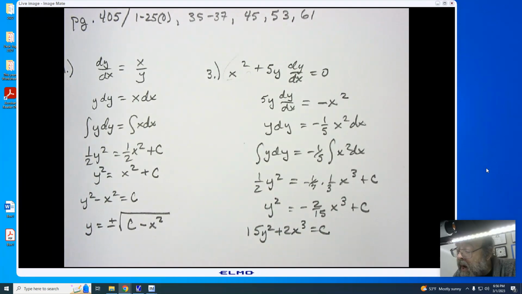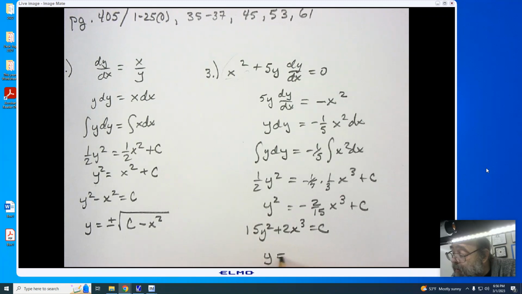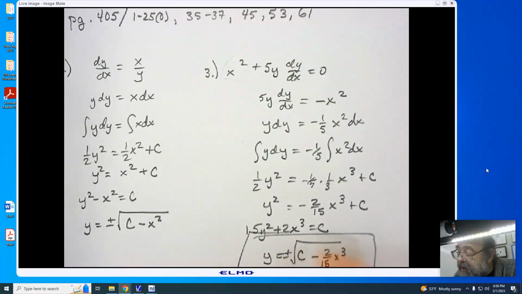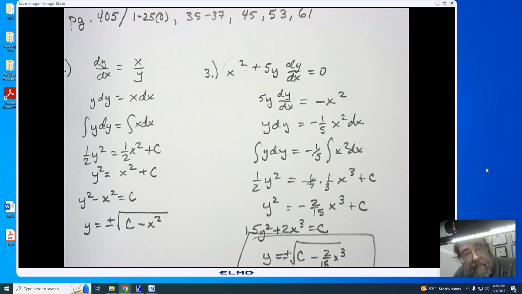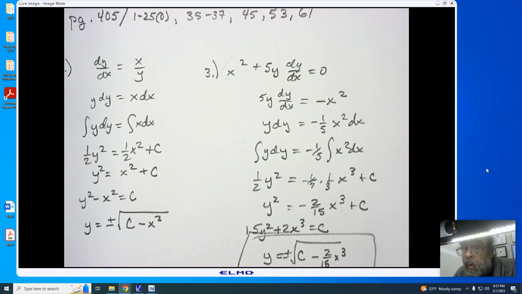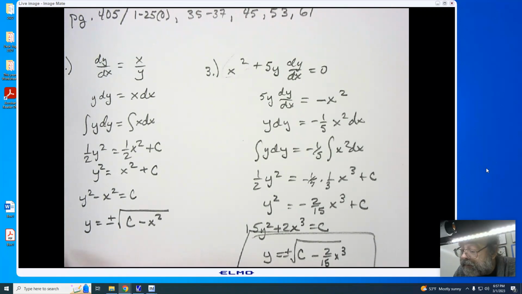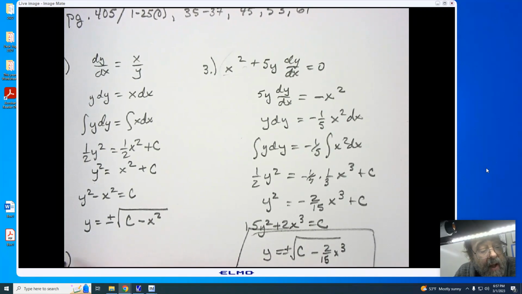We find what y equals, and therefore y will equal plus or minus the square root of c minus 2/15 x cubed. That's the solution. That is a y equals. That's what we want. Please don't make any mistakes as to what I'm expecting versus what the silly textbook is expecting.